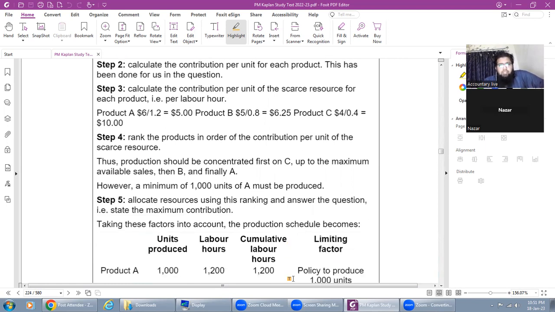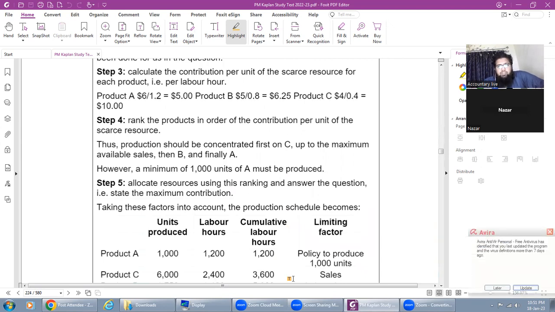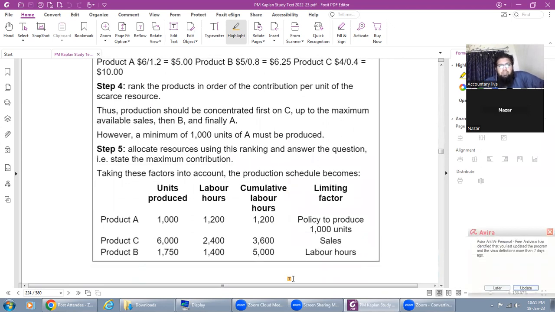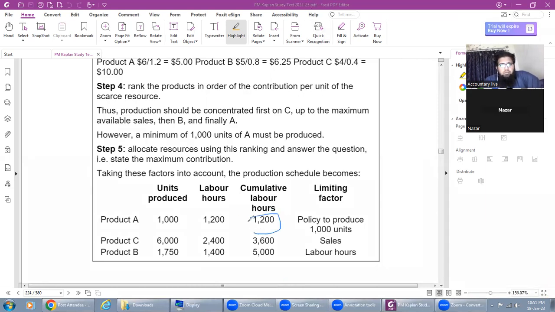Now we have to allocate the resources using the ranking. Units produced of A, 1,000, we have to produce this. There's no option in that. So it will consume 1,200 labor hours, because 1.2 per unit.